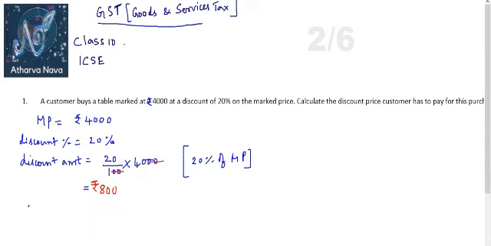So the customer bought it for 4,000 minus 800, which will be 3,200.